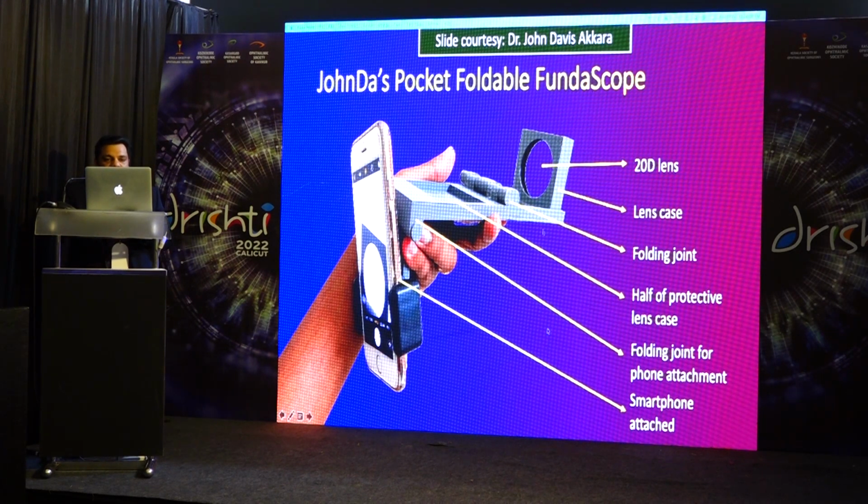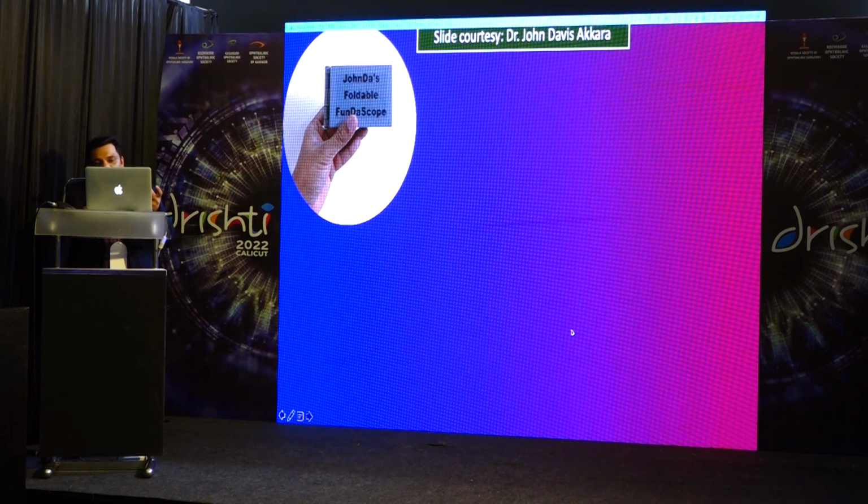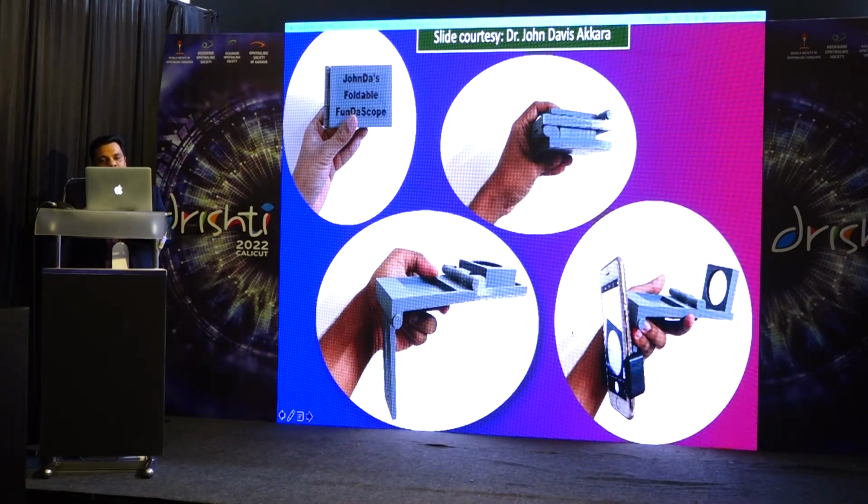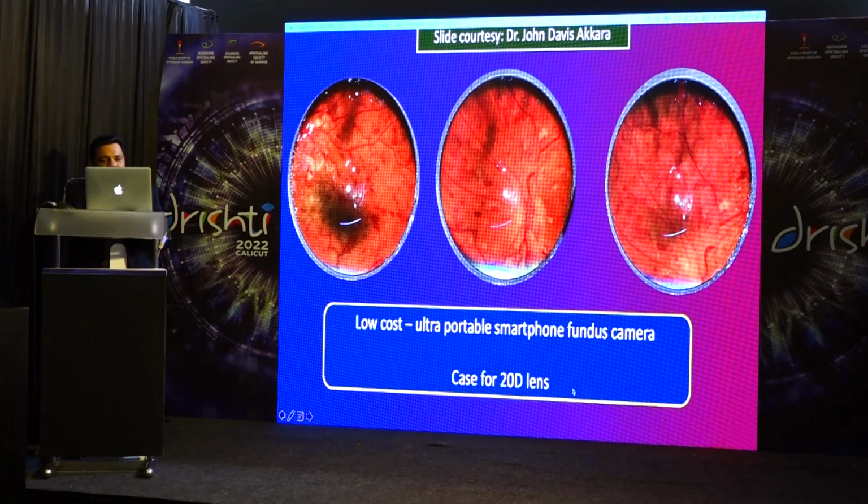It's a pocket thing and 3D printed. You can unfold it, put in your 20D lens, and then you can get good images on the smartphone. It's patent pending, and I think it's 800 for one. So it's a low cost, ultra portable camera, and it acts as a case for the 20D lens also.